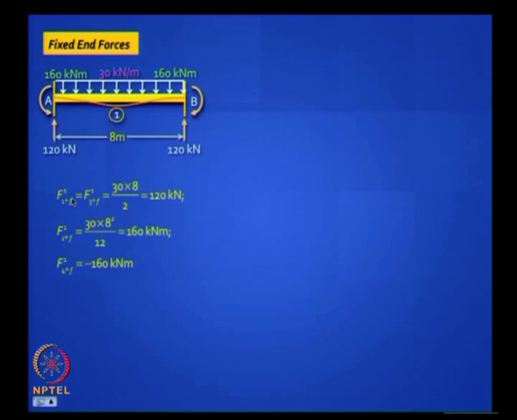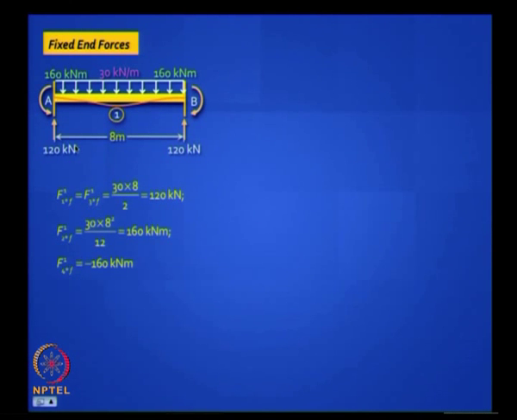The left one corresponds to F1 1 star F, the next one corresponds to F1 3 star F. This 1 refers to the element 1, 1 star refers to the first coordinate, 3 star refers to the third coordinate, and your two fixed end moments will be given by wL squared by 12.